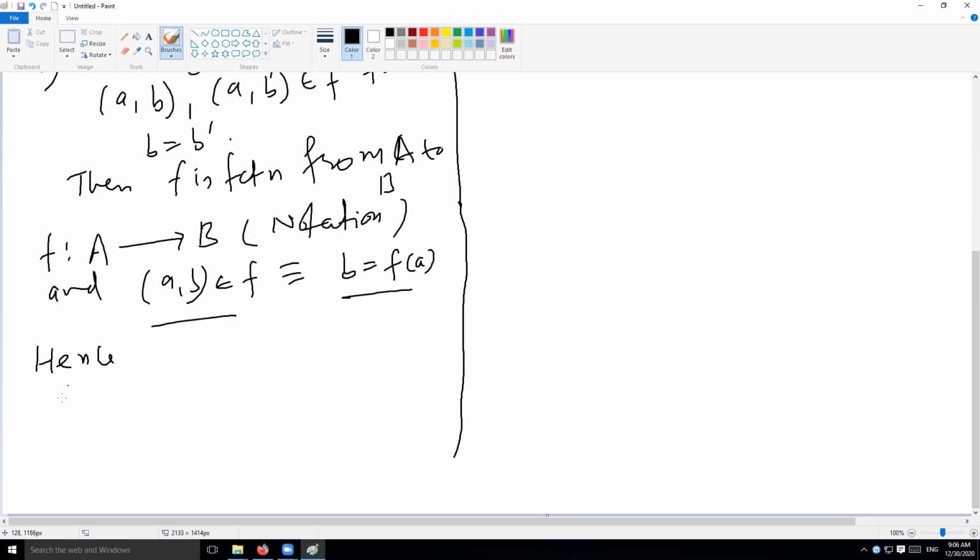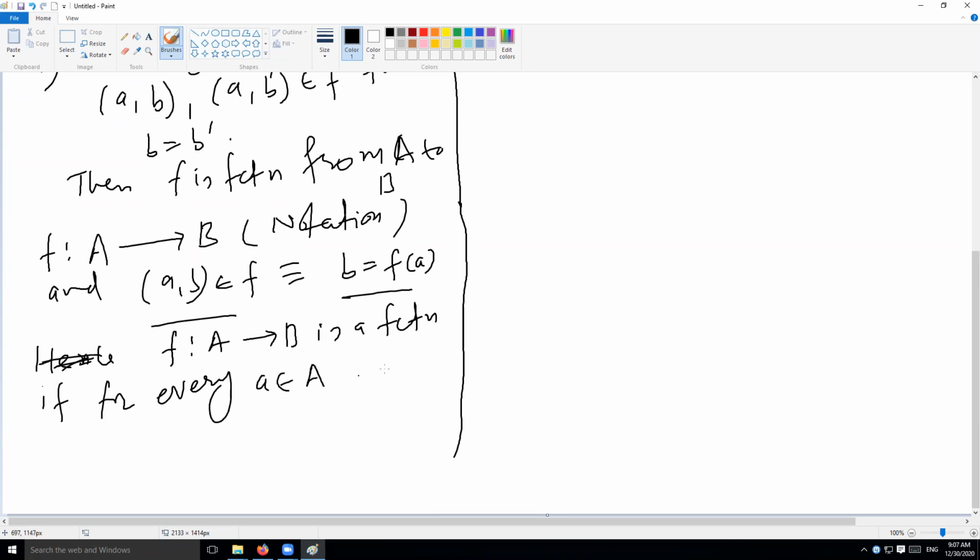We would say that there is another way to put the definition of the function, that f from A to B is a function, okay, if for every a in A, there is a unique b in B such that b is equal to f of a. Okay, b is equal to f of a.